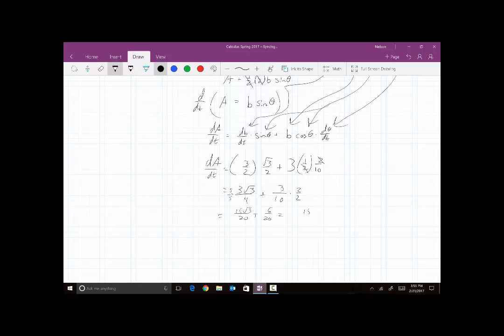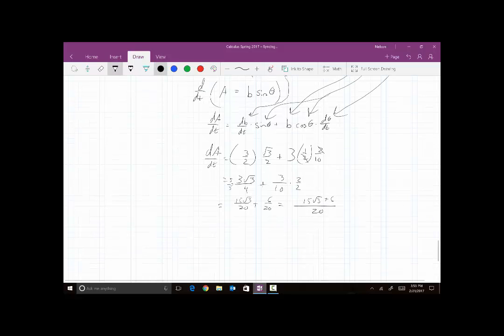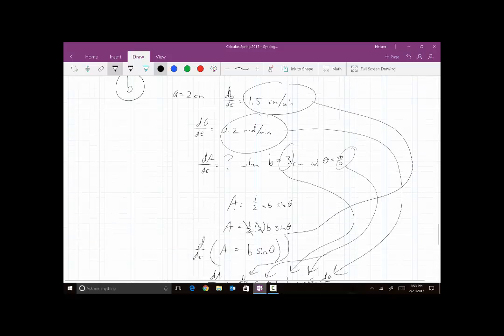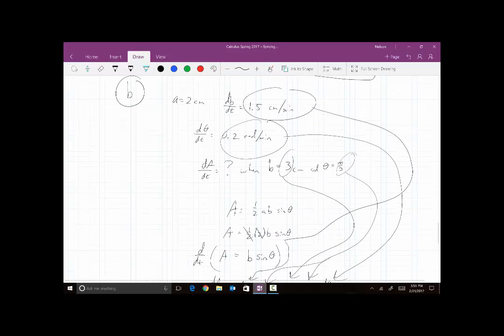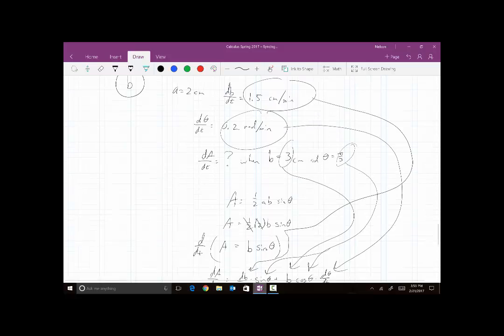So your answer is 15 root 3 plus 6 all over 20. You can pull a 3 out if you like and get 3 times the quantity 5 root 3 plus 2, all over 20, but you don't have to do this. And then the units are square centimeters per minute.